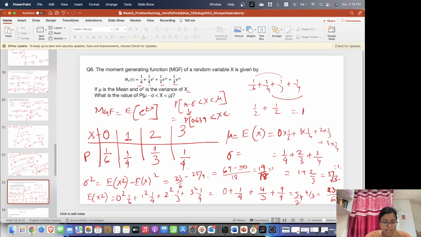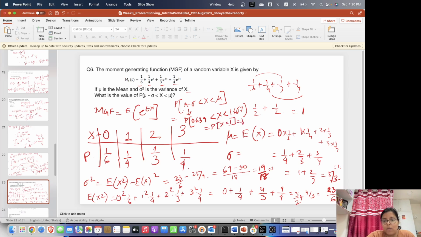Probability of 0.639 less than x less than mu. Mu is 5 by 3, that is 1.667. Okay, so this is the value that we want. Now x is a discrete random variable, so between 0.639 and 1.667, what value of x do we have? X equal to 1.